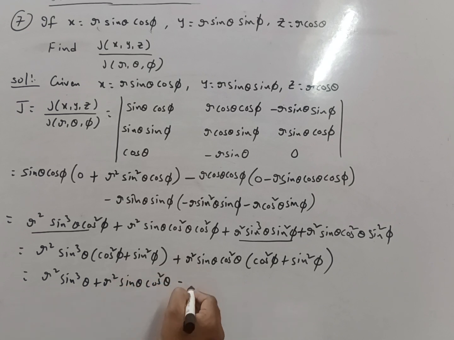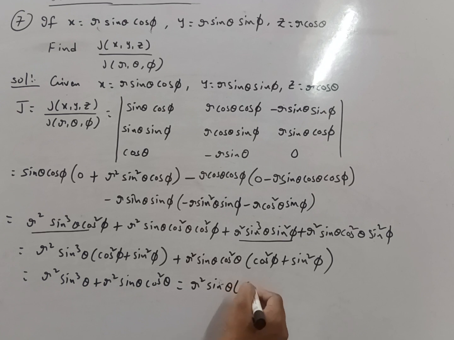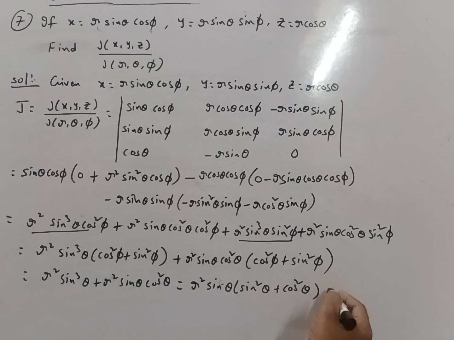So what we can take common over here again, r square sine theta is common. If I take common, I get here sine squared theta plus cos squared theta. Sine squared theta plus cos squared theta is how much? 1. So I get r square sine theta as the final answer.